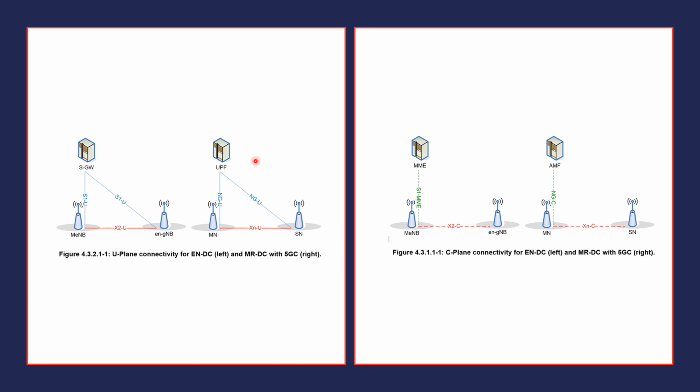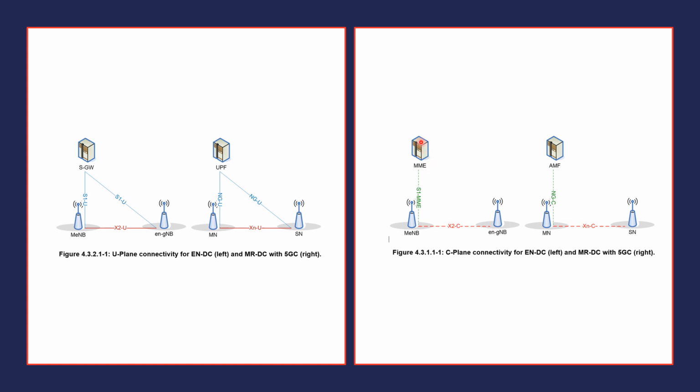Similarly, in case of MRDC with 5GC, when the core is 5G, the user plane interface between MN and SN is called the XnU interface, while the interface between UPF and MN or SN is called the NGU interface.